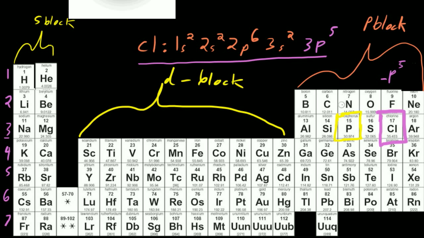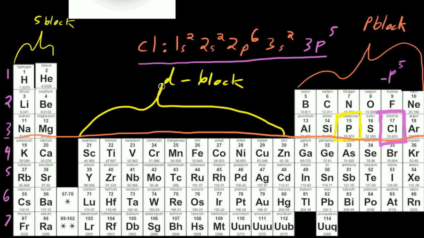So now I think you're probably okay with figuring out electron configurations for elements in the P block, or at least the last entries for most of them. We can figure out all the elements above this line, and we're still working on the electron configurations for everything below.